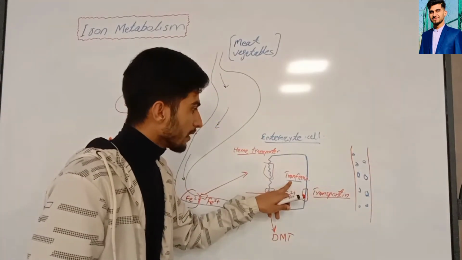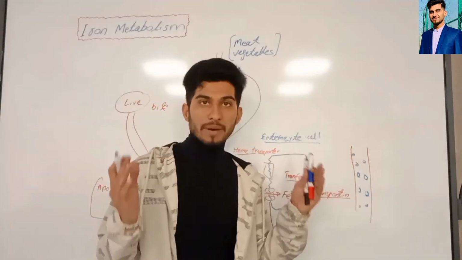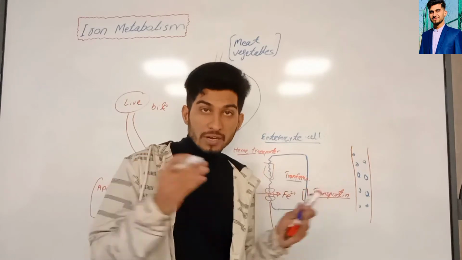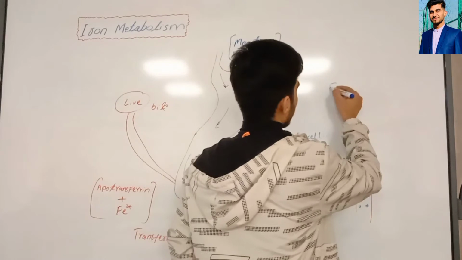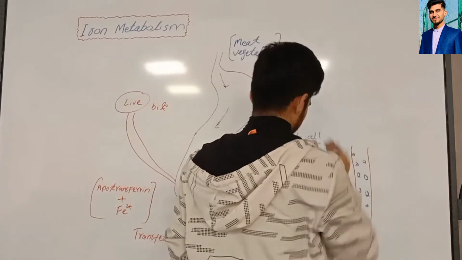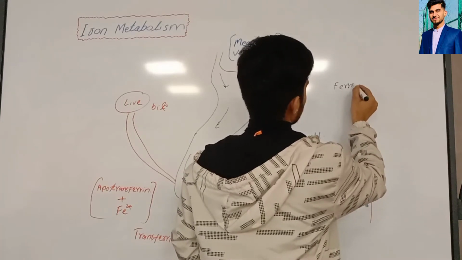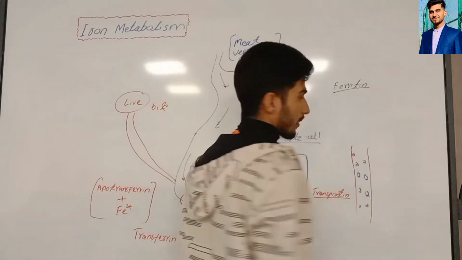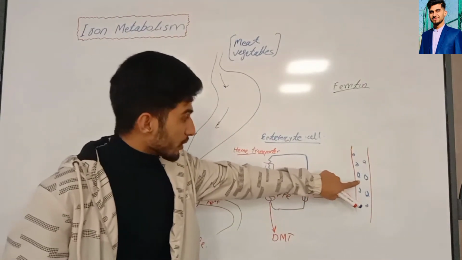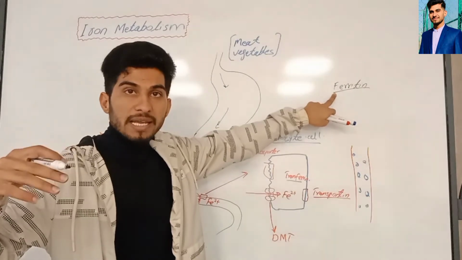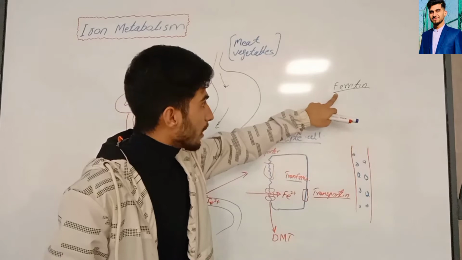If this transferrin is stored in the liver, spleen, or in any other tissue of our body, then it will be stored in the form of the ferritin molecule. Okay, ferritin. If this transferrin molecule is stored in our body, meaning liver, spleen, or any other tissue, then it will be stored in the form of ferritin.